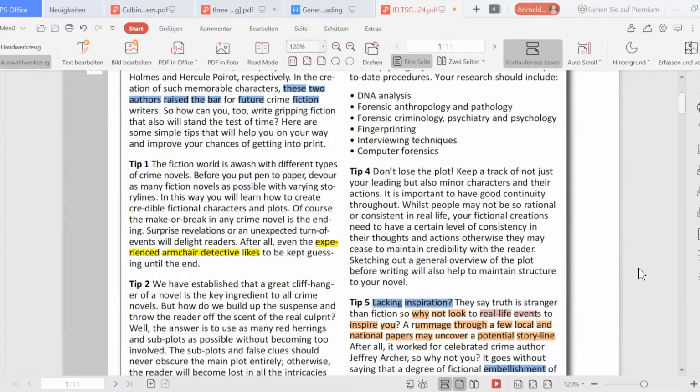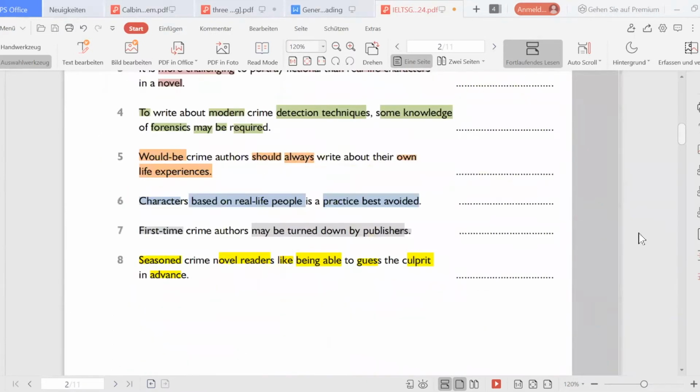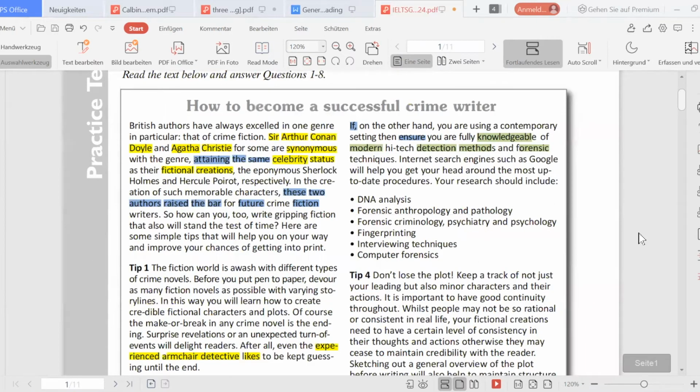But I go on reading, and then in tip 1, I see the words experienced armchair detectives, corresponding to the words seasoned novel readers. Do you see that? Experienced means seasoned. And then the key idea here is that they like being able to guess the culprit in advance. So let's see what it says here, if that's what they like.